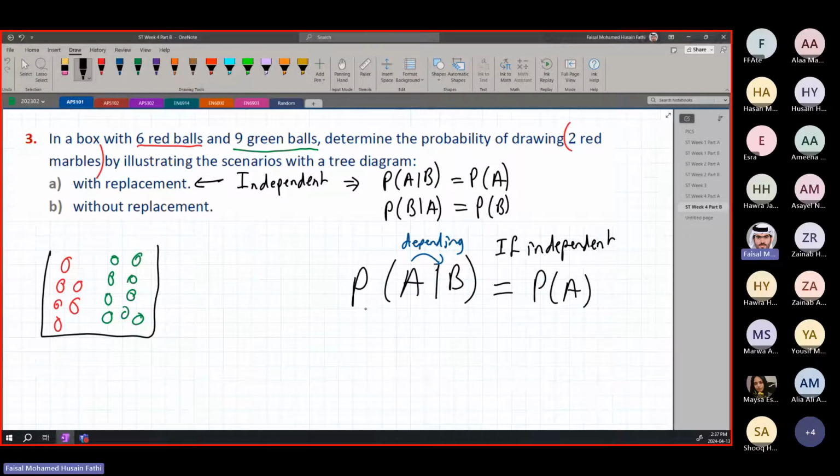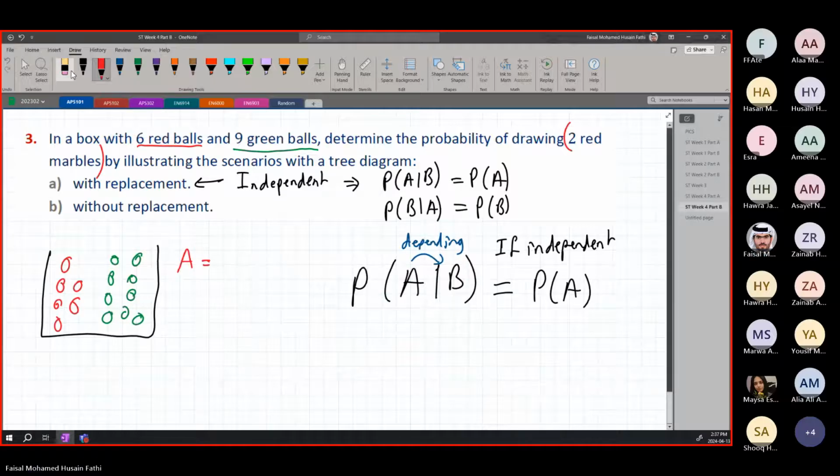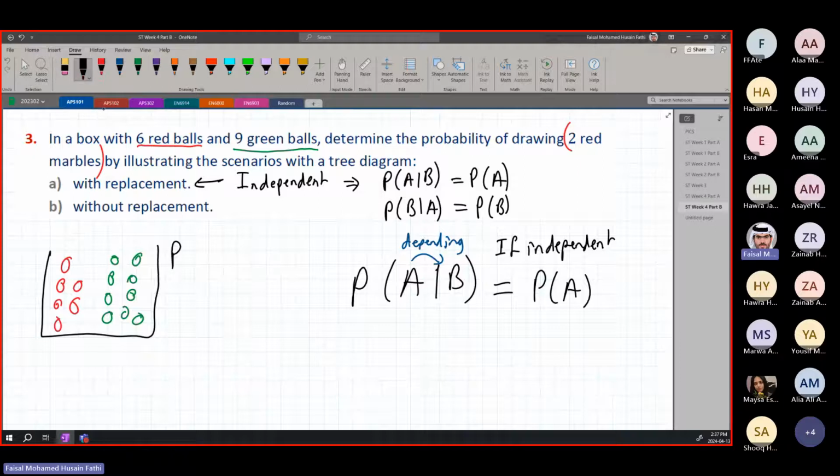Now, if we want to solve this, we just apply the equation. But before that, we need to find our A's and our B's. So A is for the red marble, the P of A is for the red marble, which is equal to how many marbles we have? We have 6 red balls over.